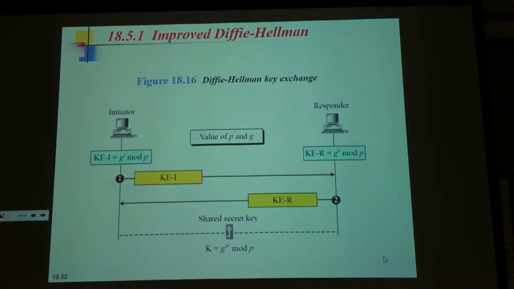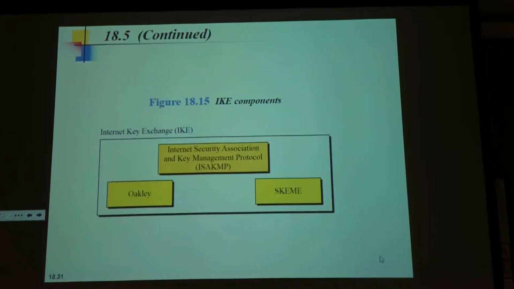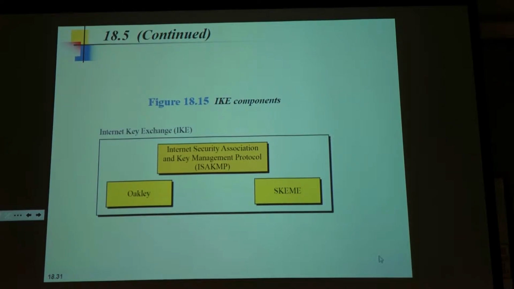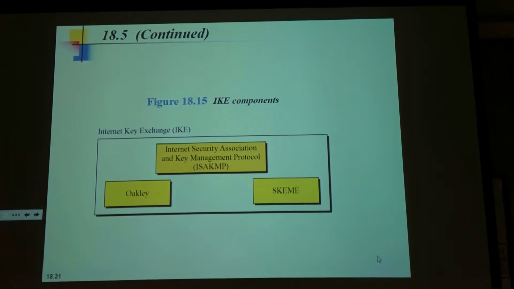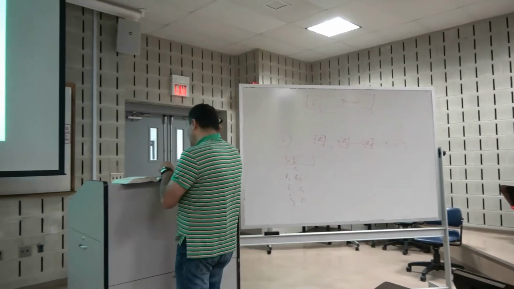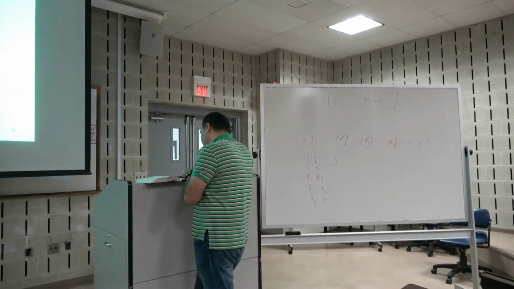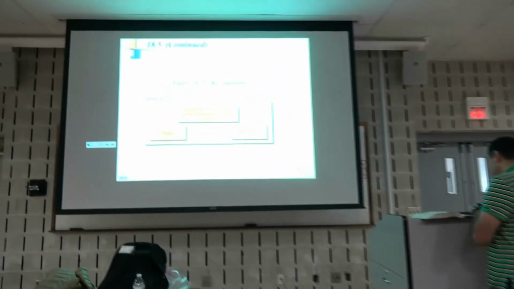The OAKLEY protocol was developed by Mr. Orman. It is a key creation protocol based on the Diffie-Hellman key exchange method. We know what Diffie-Hellman is? We can create two keys and exchange them without a third party. So it's kind of the Diffie-Hellman key exchange method, but with some improvements.